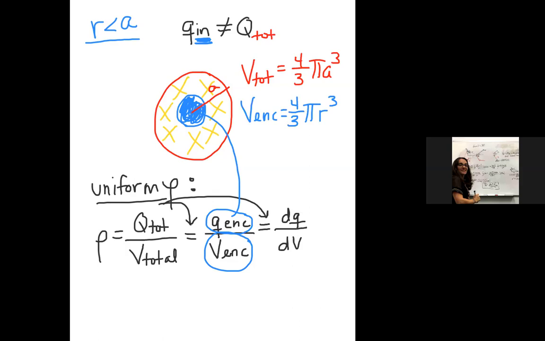So how can I write my charge enclosed? Well, my charge enclosed within that is going to be rho. That's just a number. Times the volume enclosed by my Gaussian.